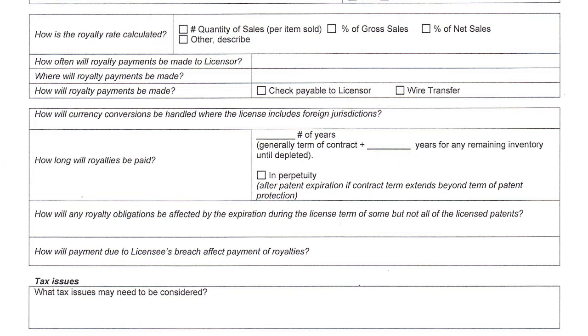Again, this depends on what type of deal you're structuring. You want to think about what they are entitled to, how long they are entitled to it, and what the terms and conditions are for when they stop being entitled to that.